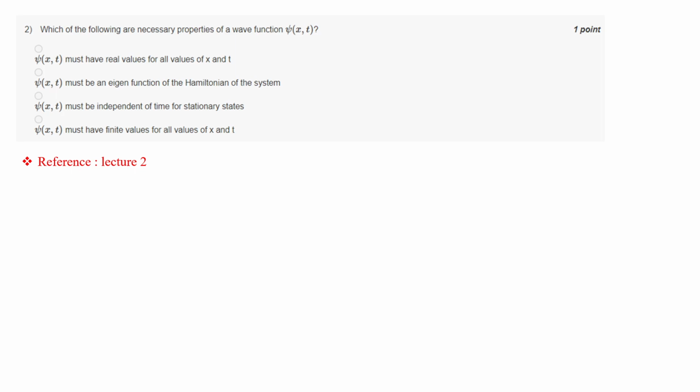So if psi of x, and del by del x of psi, with time included, x comma t, these two, this first derivative and this function, are continuous and finite.